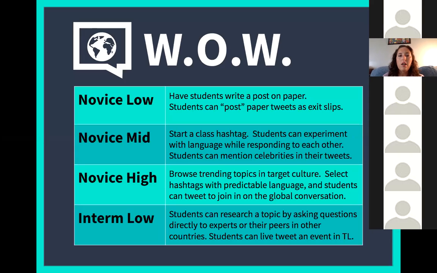Okay, so within 1 week, what would you like to do this week depending on your level? Are we going to do, for Novice Low, paper tweets, exit slips? Or are you going to move up to Novice Mid? Try a class hashtag, browse the trending topics in your target culture, start with some hashtags, start collecting them. Students can tweet in on a global conversation.